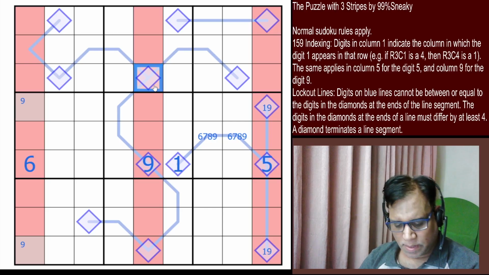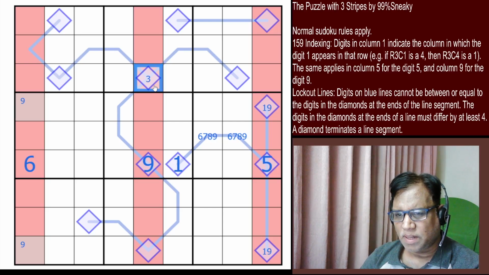Oh, that can't be 3, right? That can't be 3. In fact, it can't be 2 also, right? Because if this is 2, you cannot have.